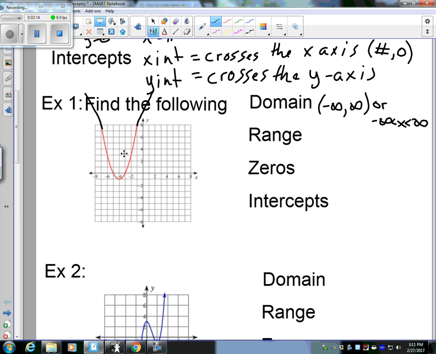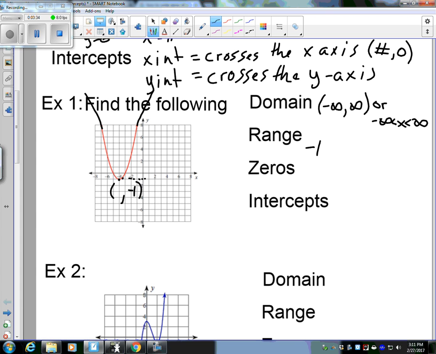Range, so we always start at the lowest part of the graph. So in here we have a minimum point. This minimum point looks to be the y value at -1. So that's the lowest part, -1.